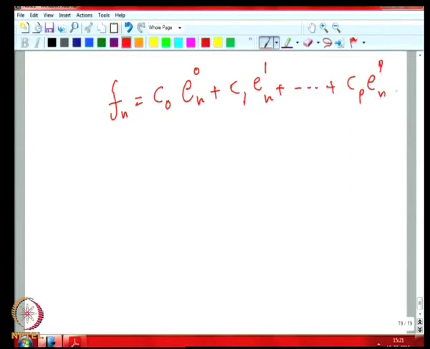Above that the Cs are all zeros, right. So, this can be written like this. Why is it so? Because of the linearity property, right.